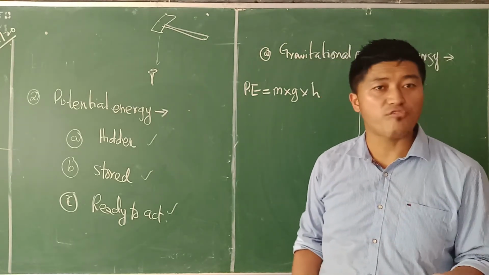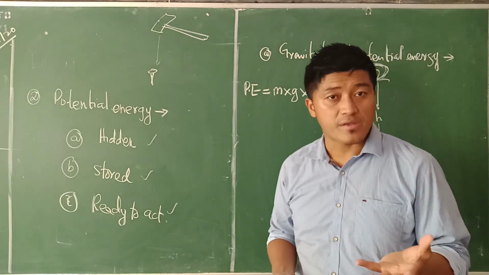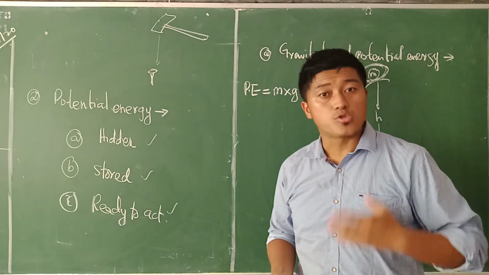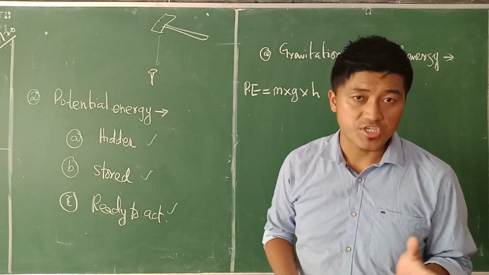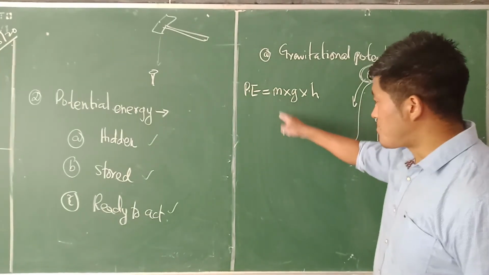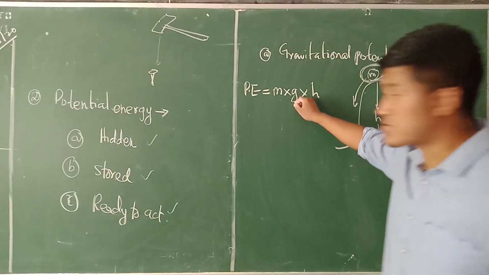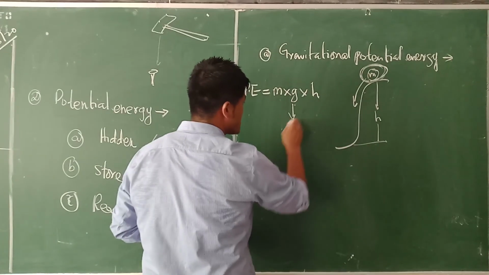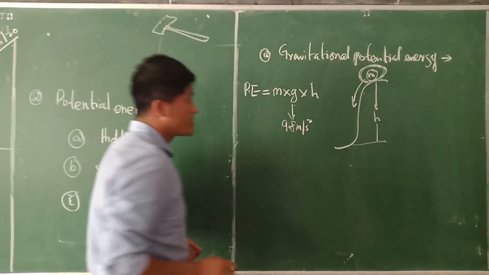This is how we define potential energy. I repeat once again, how we define potential energy. Potential energy are those energy which are present in a body due to its position and shape. Now this is regarding the position, okay? Mass, this is the mass, this is the height, and the gravity is the acceleration due to gravity, whose value is always constant, that is 9.8 meters per second square.